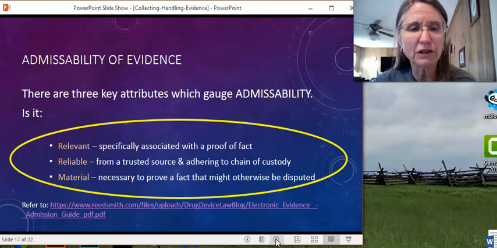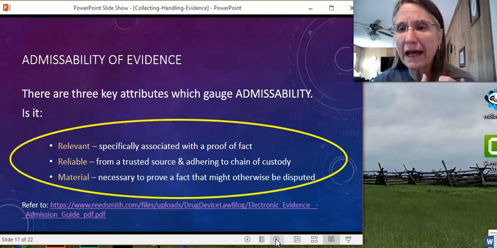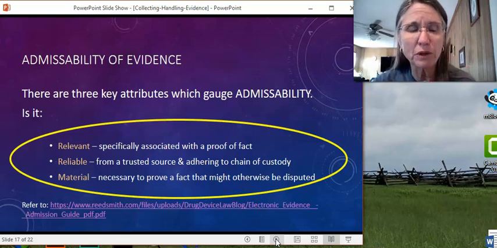Reliable, I think, is pretty straightforward. This evidence has to have our trust. We have to believe that it hasn't been fabricated in some way. We have to believe that it's been handled with care and by people who respect the law.